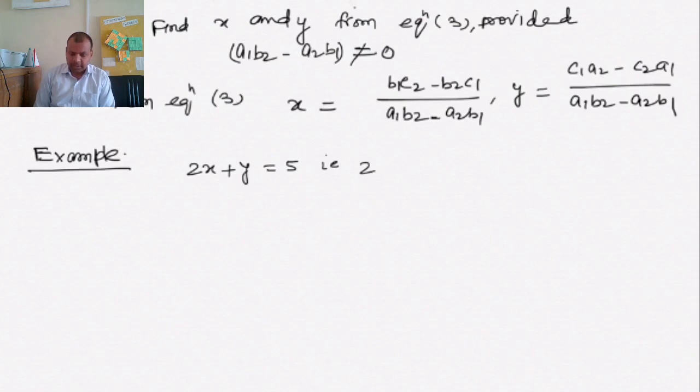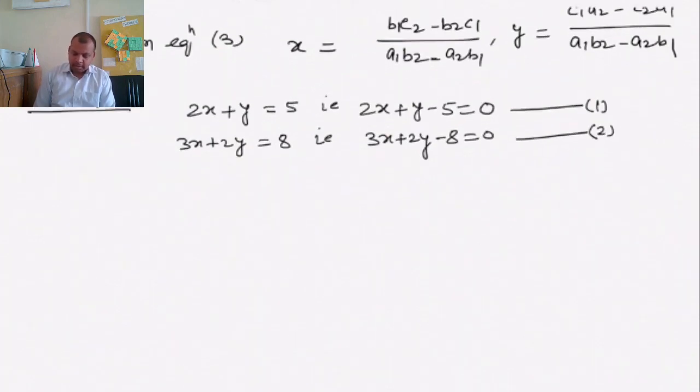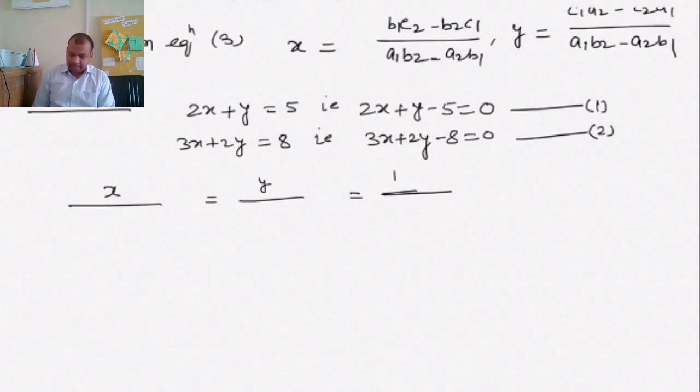So we can write this equation as 2x plus y minus 5 equals 0. Let us make this equation 1. And the second one is 3x plus 2y equals 8, that is, we can write it as 3x plus 2y minus 8 equals 0. Second equation. Now we can write x upon, equal to y upon, equal to 1 upon. Now remember the diagram.